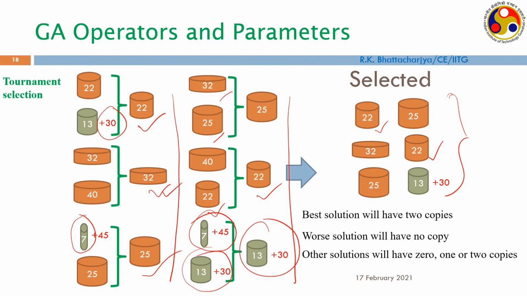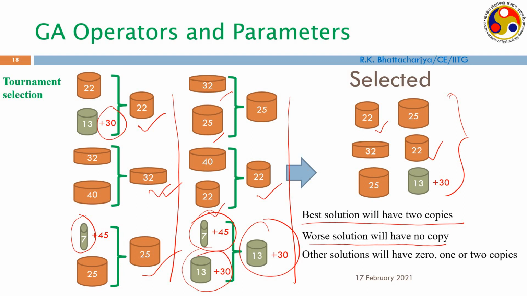If you are applying tournament selection, the best solution will have 2 copies, and the worst solution will have no copy. The worst solution will be eliminated, because whoever it is playing with, it will not be able to win. So it will not have any copies.